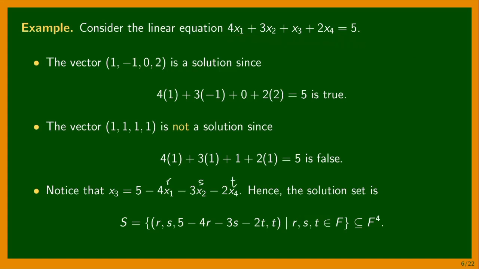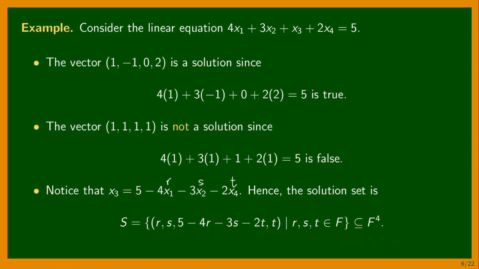You can write it as r being x sub 1, s being x sub 2, and x sub 3 being this one, 5 minus 4r minus 3s minus 2t, comma, t, because x sub 4 is set to be t. Notice that you can write the solution set this way.